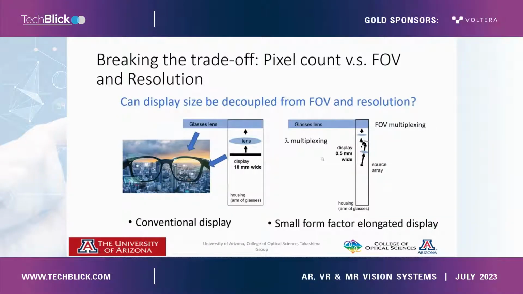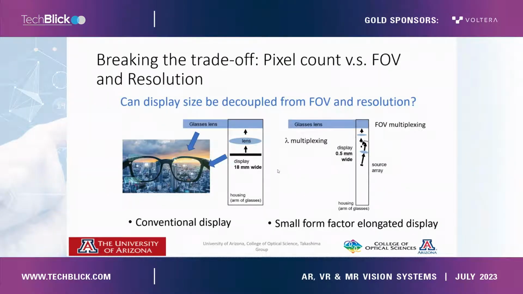Then what's the challenge? Well, the size and power consumption. Suppose you want to display 75 megapixels, which is equivalent to what our eye perceives. With state-of-the-art pixel pitch, say a couple of microns, the width of the display is about 18 millimeters.